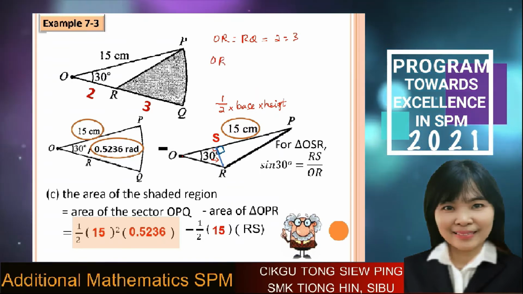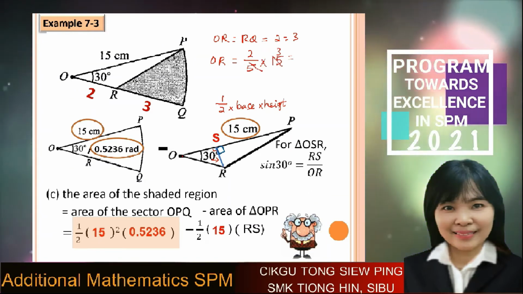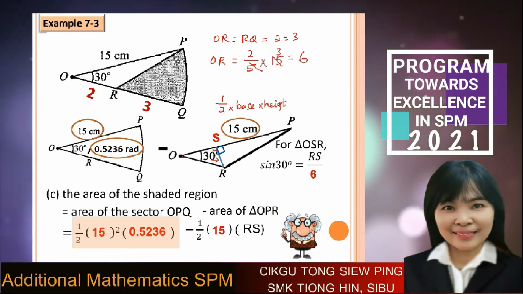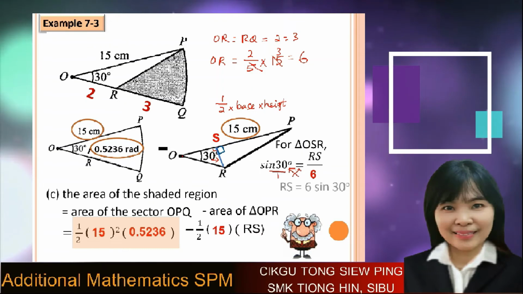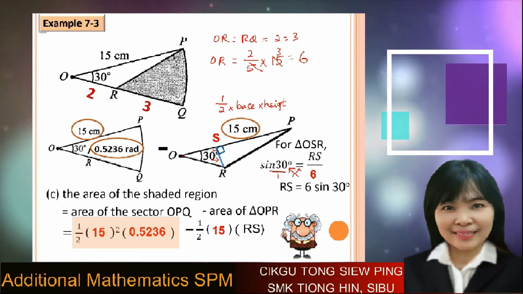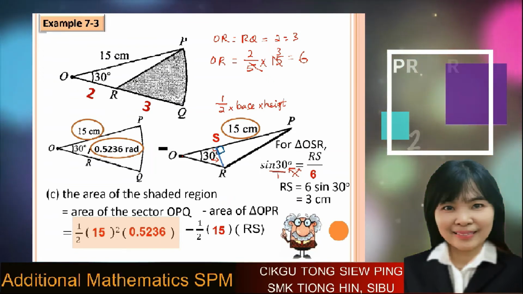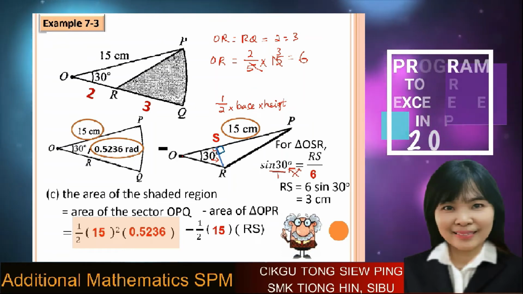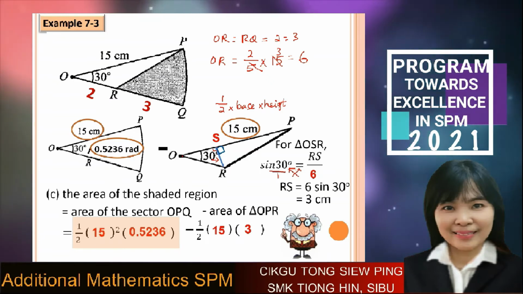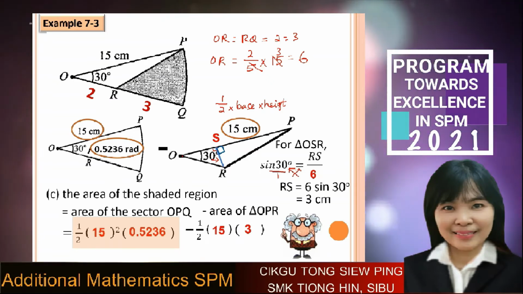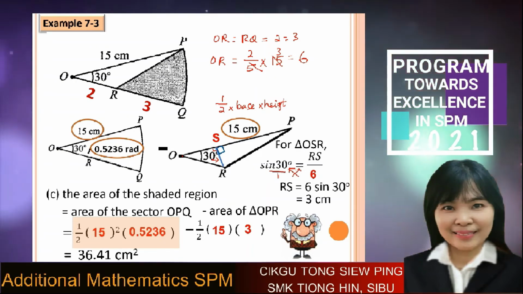Therefore, the OR can be found by 2 over 5 multiplied with 15. Then I get 6. So substitute into here, and then I cross multiply. I get my RS equal to 6 sine 30, that is equal to 3 cm. Substitute in the 3 into the formula. Then use your calculator. You get the answer is equal to 36.41 cm squared.